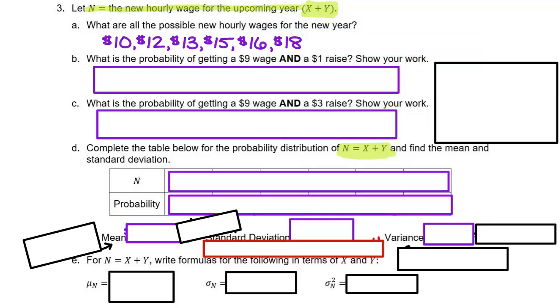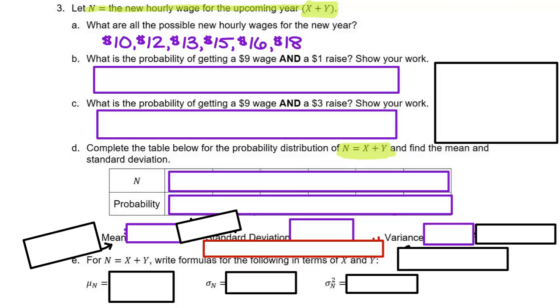So this is $9 an hour plus a $1 raise, $9 an hour plus a $3 raise, $12 an hour with a $1 raise, $12 an hour with a $3 raise, $15 an hour with a $1 raise, $15 an hour with a $3 raise.